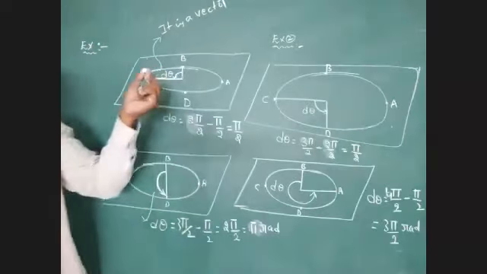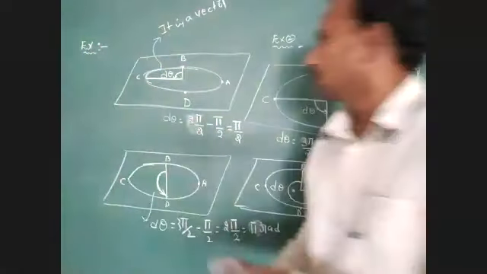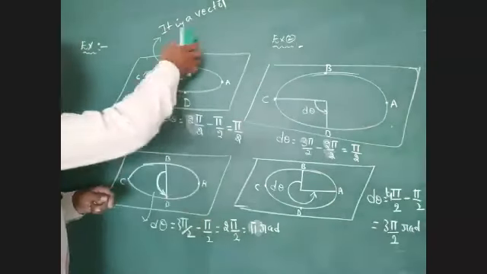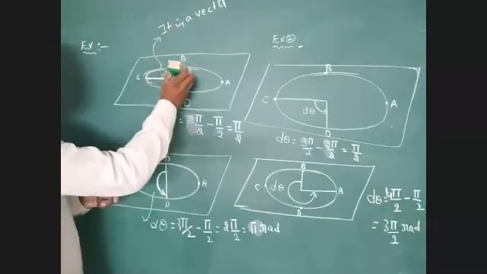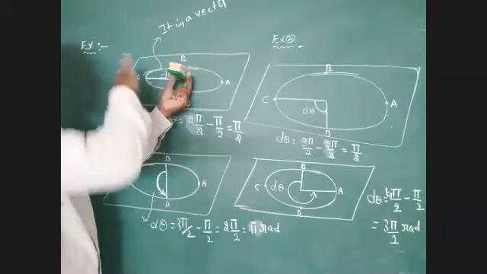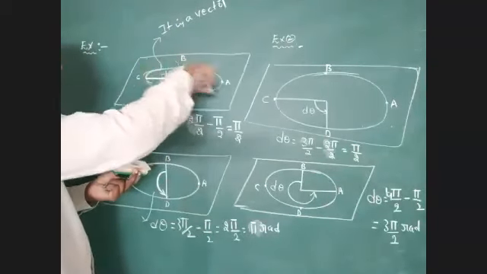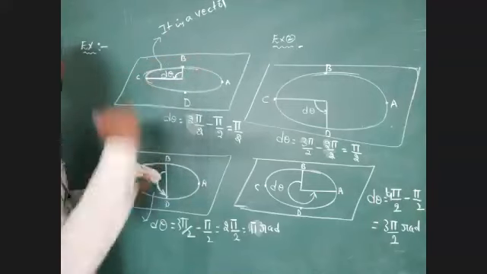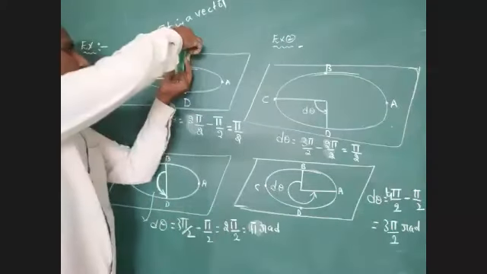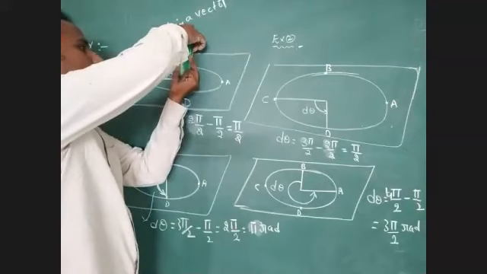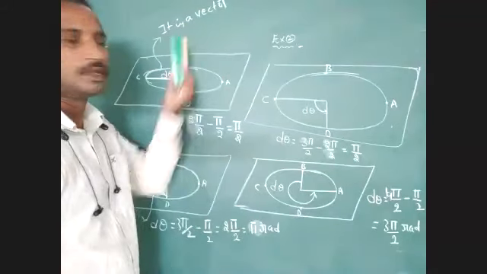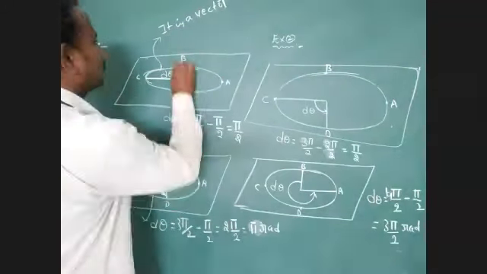Upward direction, which means perpendicular to the plane surface. If we consider this circular path on a horizontal plane surface, then the direction of angular displacement is upward. Like that we have to represent it.